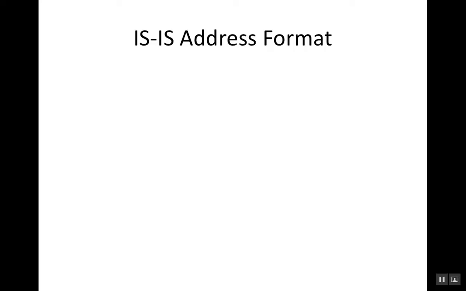All right, so we'll get into the ISIS address format. An intermediate system is identified by something called the network entity title, or the NET, which I mentioned earlier. Essentially the NET is similar to a router ID for OSPF or EIGRP, but it's not tied to a layer 3 IP address.